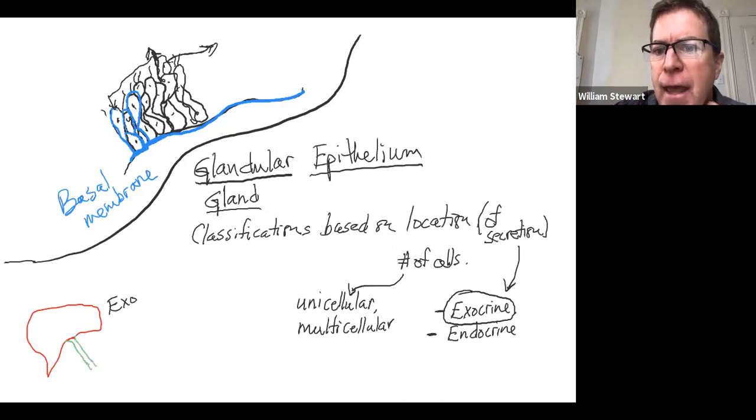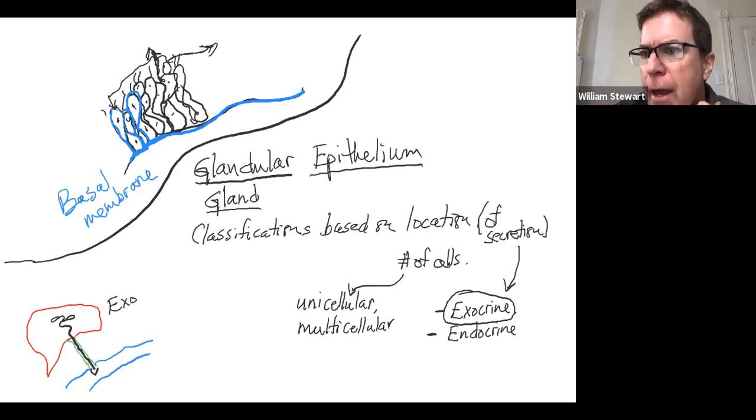So that fluid then is sent directly to its destination, which is the small intestine. So the reason that the liver is called an exocrine gland is because it secretes a product called bile that enters a duct, the bile duct, and then goes straight to its destination, which is, in this case, the small intestine. All right? That's very different from an endocrine gland.